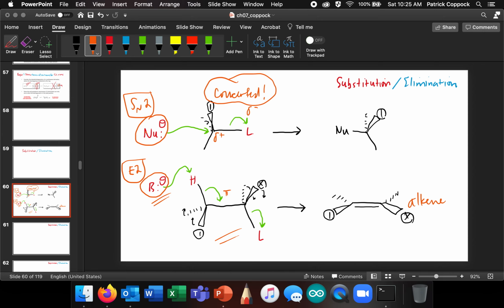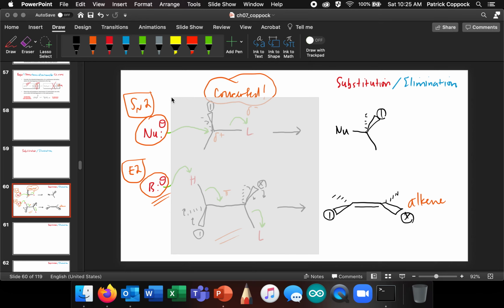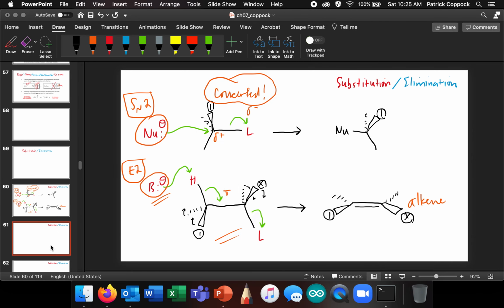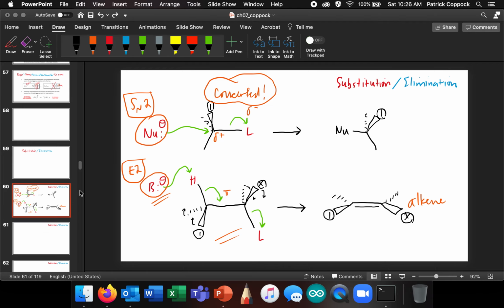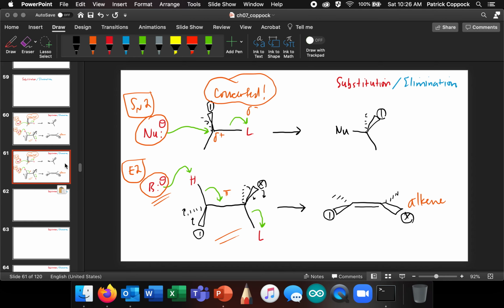Let's now talk about the different factors that we need to be interested in here. First of all, let me copy these things here and go to the next slide. I don't want everything to come over. Let's come here, and I want to erase some things. I want to clean this up a little bit so we can talk.